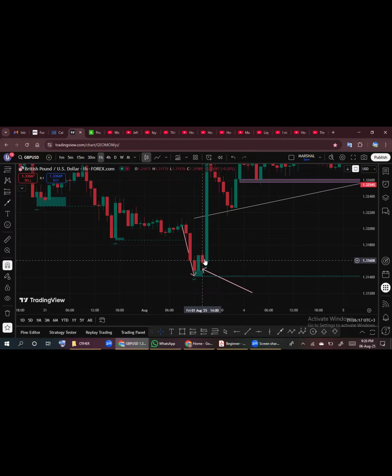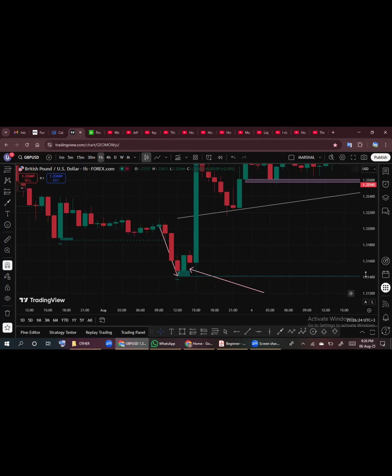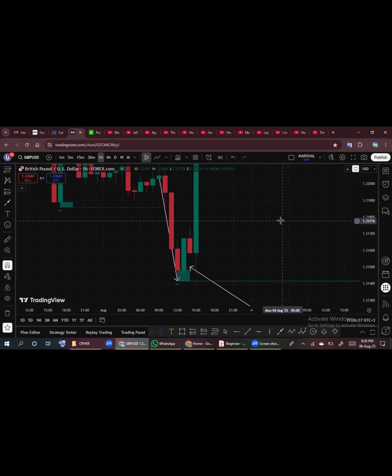And this candle here, who knows what the name of this candle is? We're not studying.